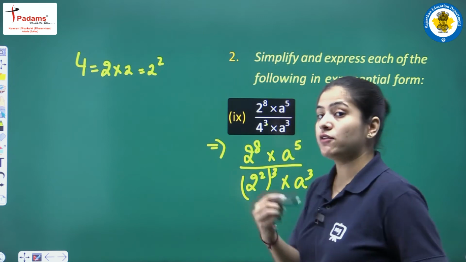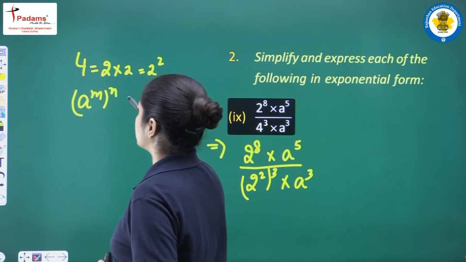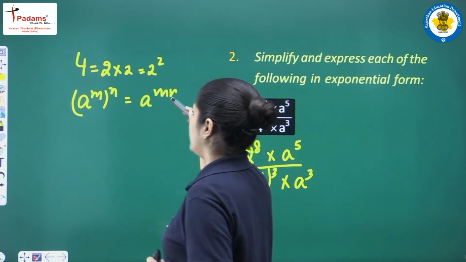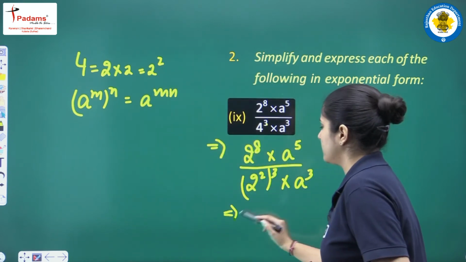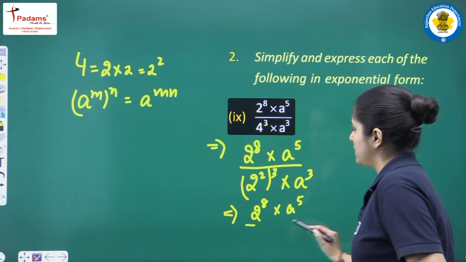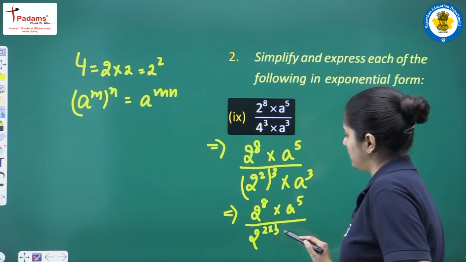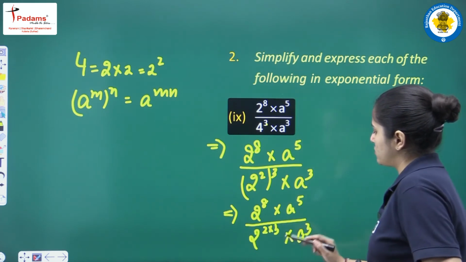Now students, the power of power formula. When you are given the power of power, the powers are multiplied. (a^m)^n is a raised to power mn, right students? So 2 raised to power 8 into a raised to power 5 upon 2 raised to power 2 into 3 into a raised to power 3.